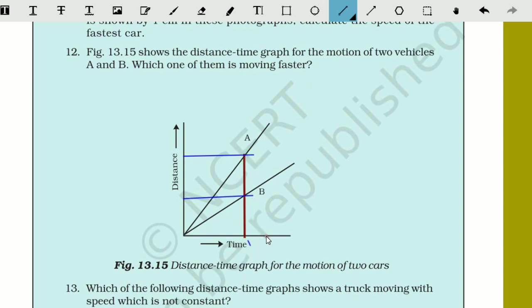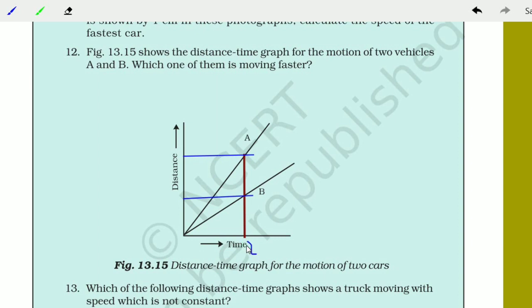Suppose this is time t, and this is the distance s1, and this is the distance s2. So this is s2 and this is s1.